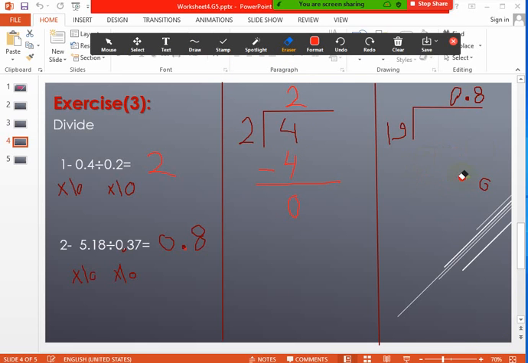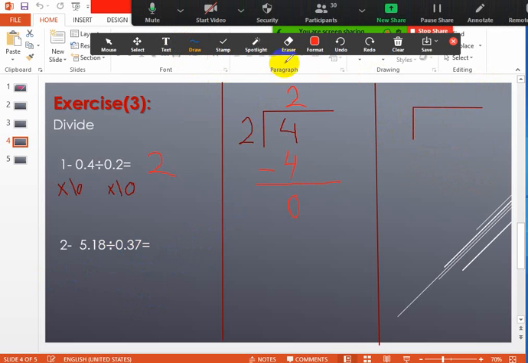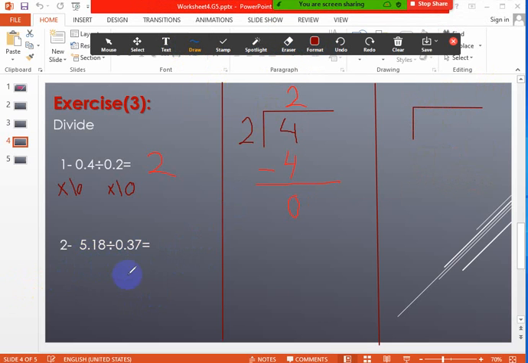Now I will divide the second one, which is here, the number is 5.18 divided by 0.37. Rinad Abdulaziz, open the mic, please. You can answer. Look at the divisor here.